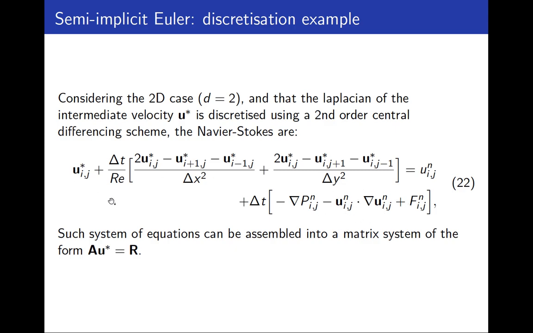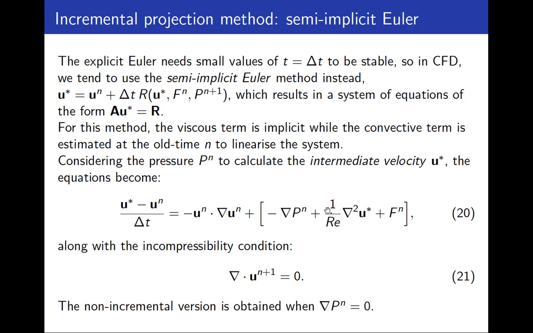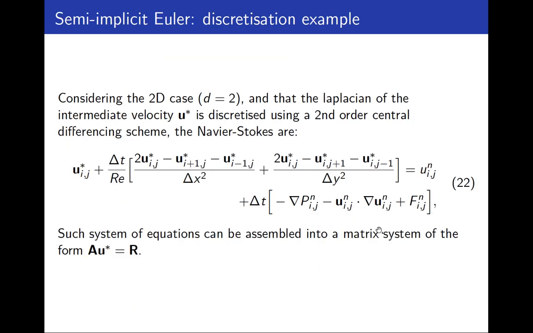But the idea here, I'm showing equation 22 because this is the Navier-Stokes equation using the semi-implicit Euler method, and this equation can be expressed as a system of equations that can be assembled into a matrix system of this form, the form that I described before.